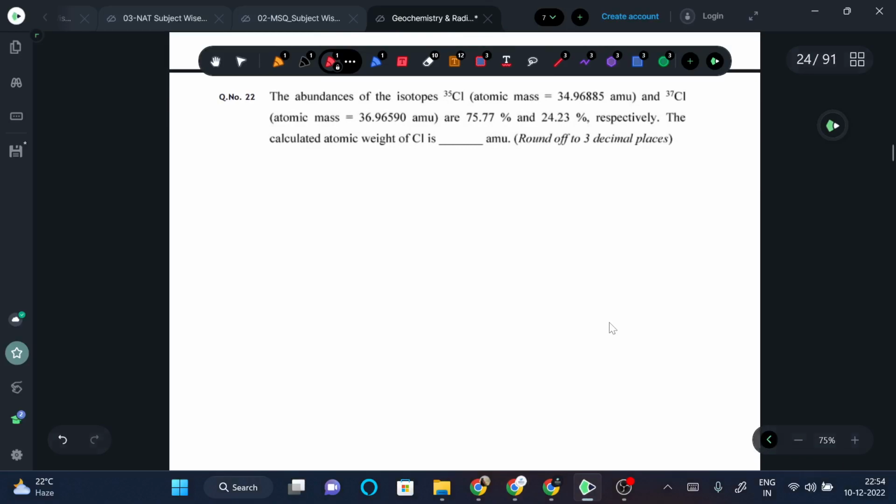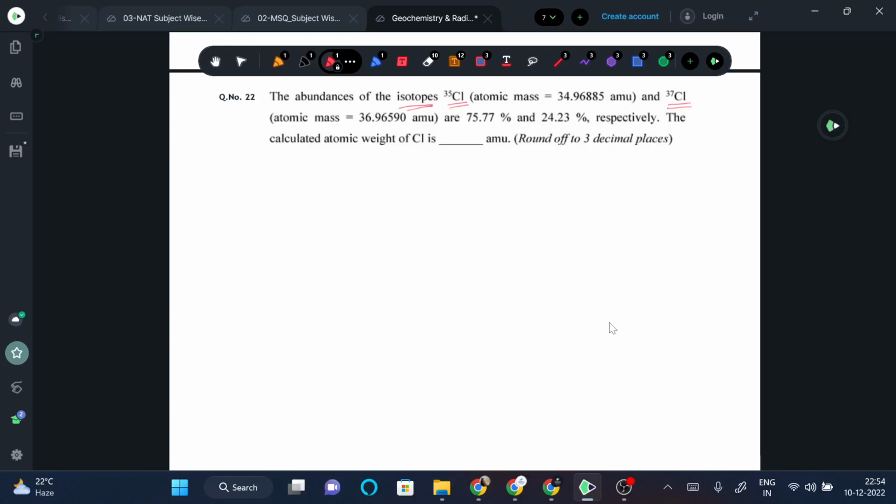Here we have the abundances of the isotopes 35 Cl and 37 Cl. These are basically the isotopes for chlorine. The basic definition of an isotope is that the mass number differs while the atomic number remains the same.